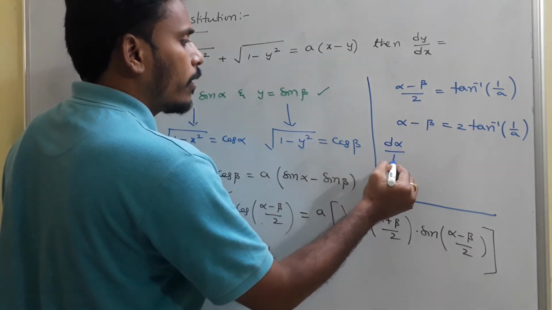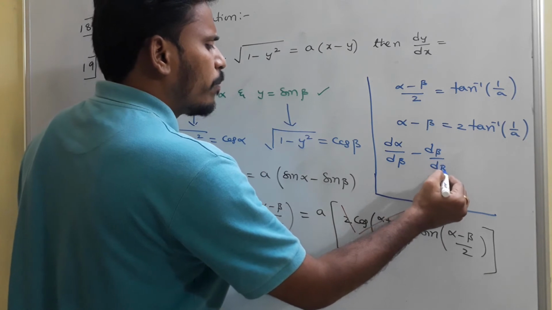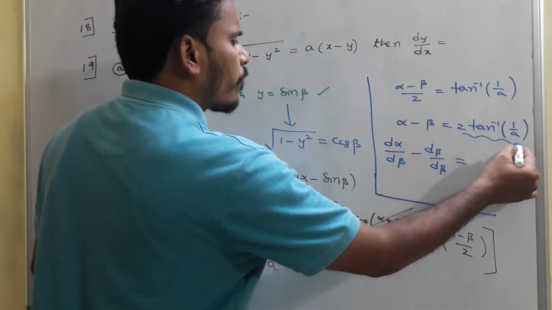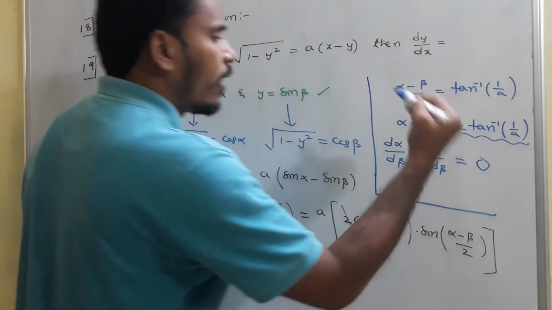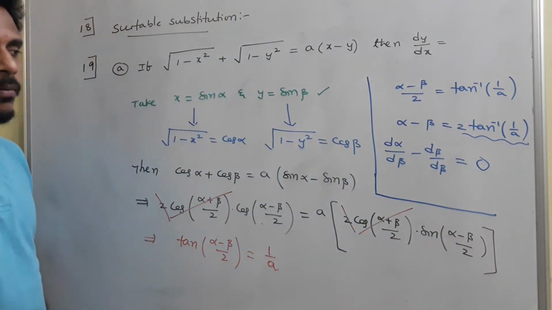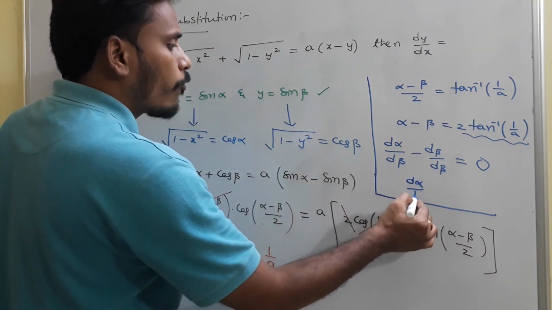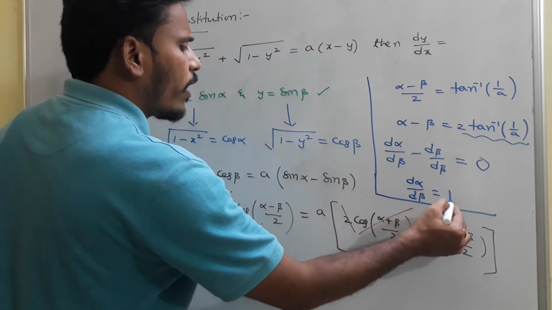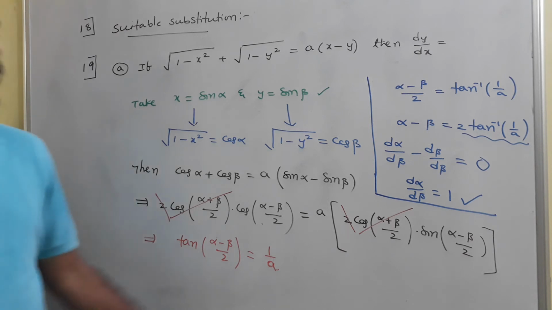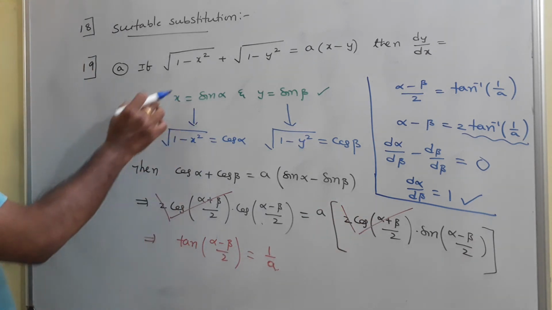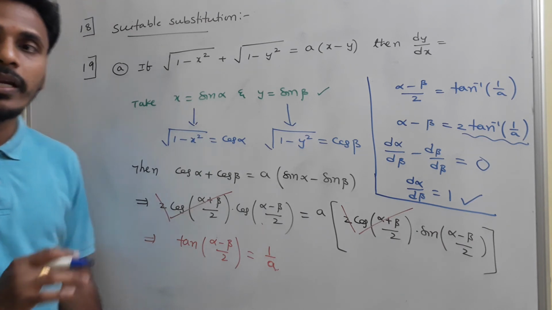Then d alpha by d beta minus d beta by d beta is equal to, this is something independent of beta, so if you differentiate with respect to beta it will become 0 because it is a constant term. And this d beta by d beta value is also 1. So we have d alpha by d beta is 1. Derivative of alpha with respect to beta is 1.